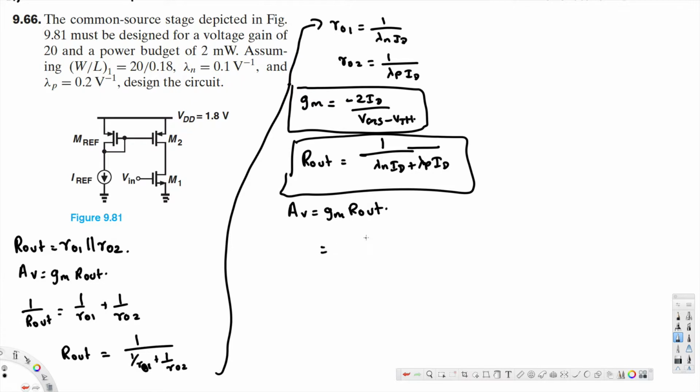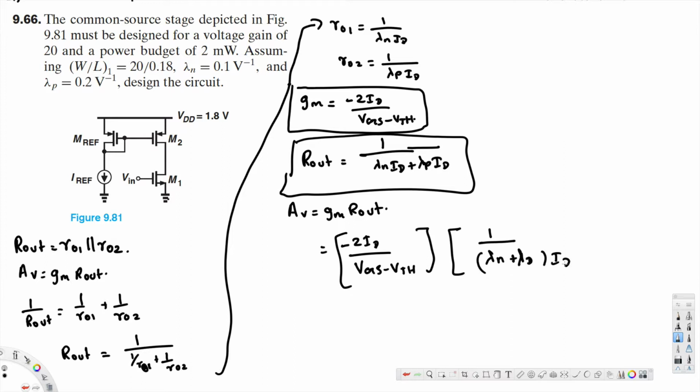So this is going to become minus 2 ID divided by VGS minus V threshold times R out, which is 1 over, I am taking the ID common, so we can see clearly, ID cancelling, lambda n plus lambda p times ID. Here we can cancel this ID and this ID, and that gives us minus 2, and we have VGS minus V threshold.